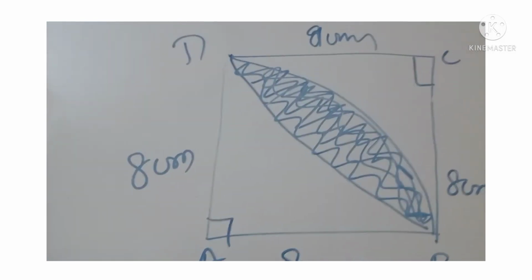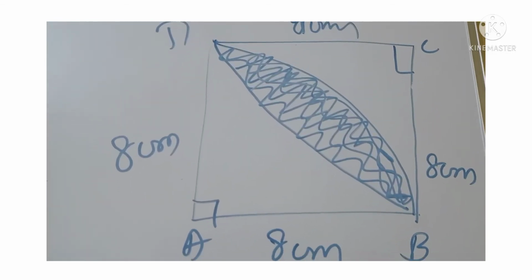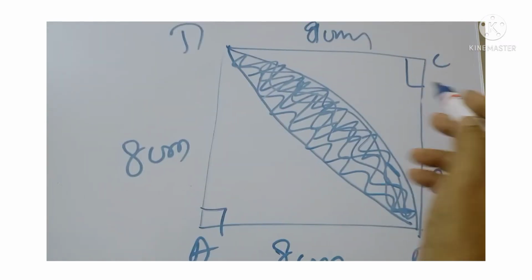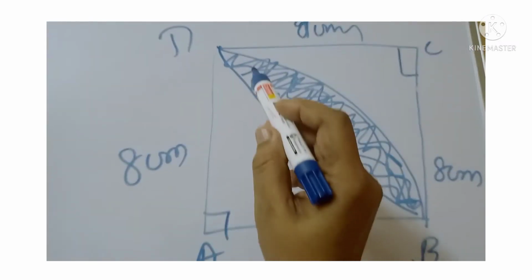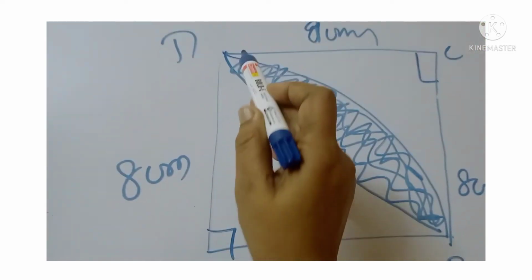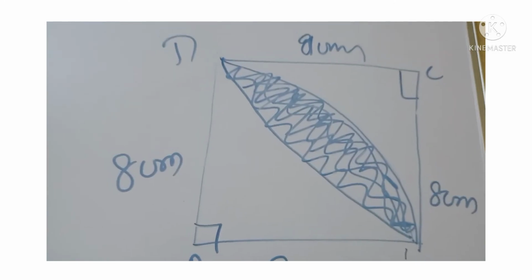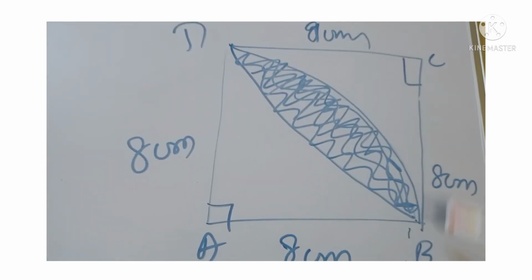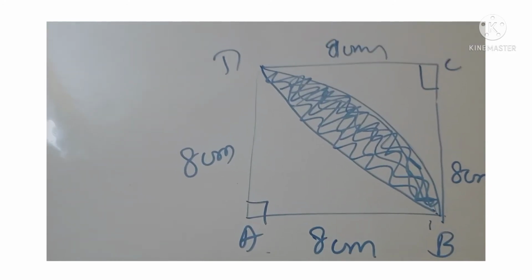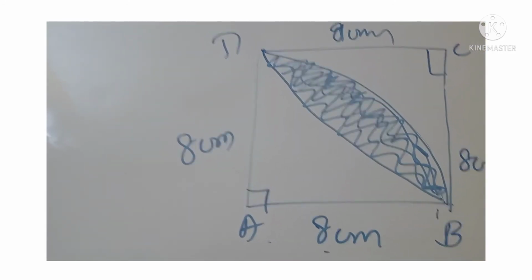This is the last question. Here this middle part is shaded. Here one square is there of side 8 centimeter and we want to find the area of this region. How can we find it? So let us take this quadrant. ABD is a quadrant, and also we can see CBD is another quadrant. How can we find the area of the shaded region?